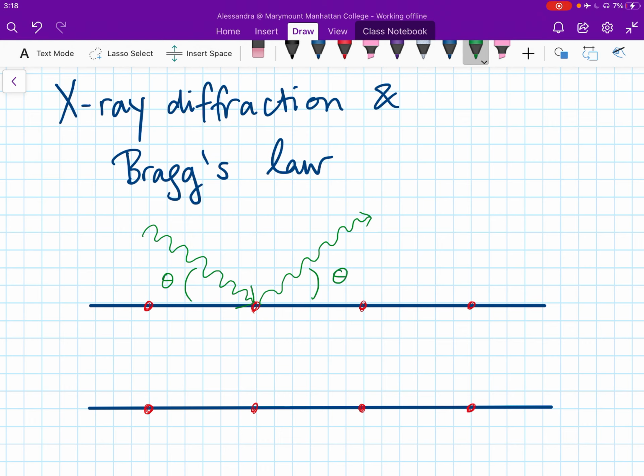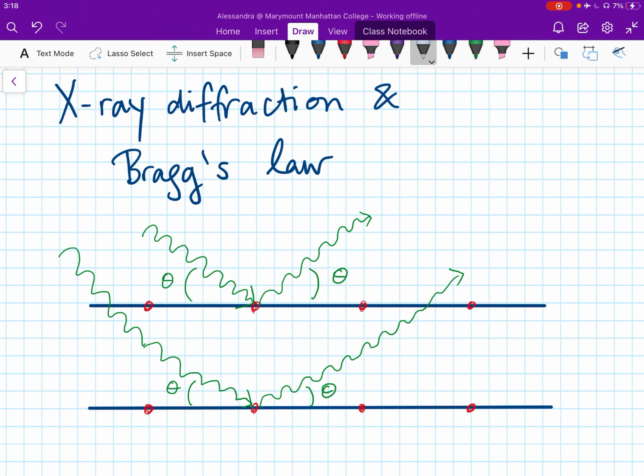Since they're equal, I'm going to call them both theta. So if I go through empty space, I'm just going to go pretty much straight through until I hit a particle. Boom. There I'm going to have some angle of incidence, and once again I'm going to have reflection, and the X-ray is going to be bounced off. So the angle of incidence equals the angle of reflection.